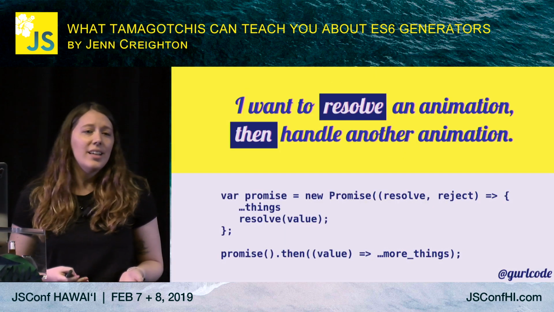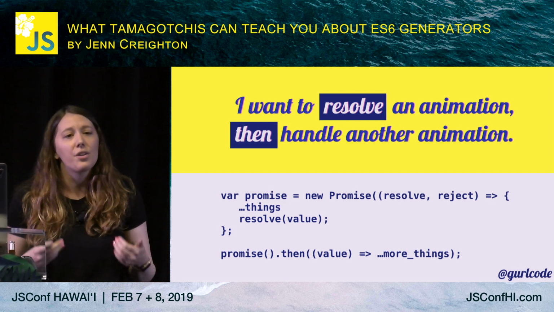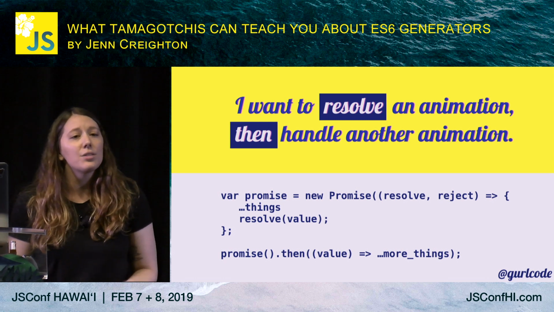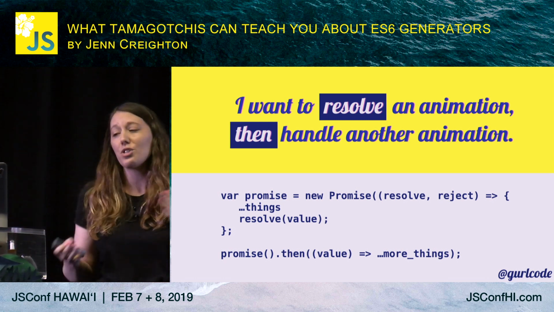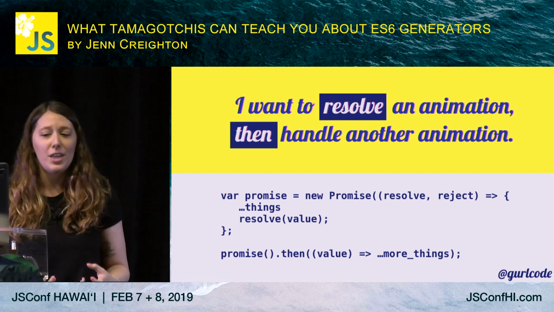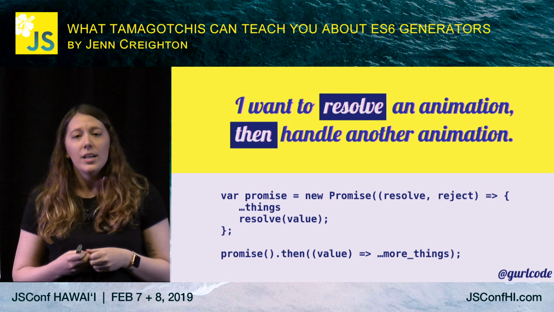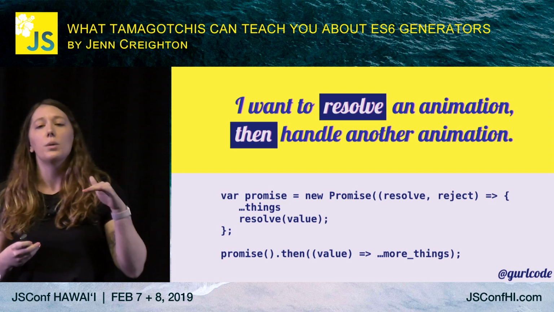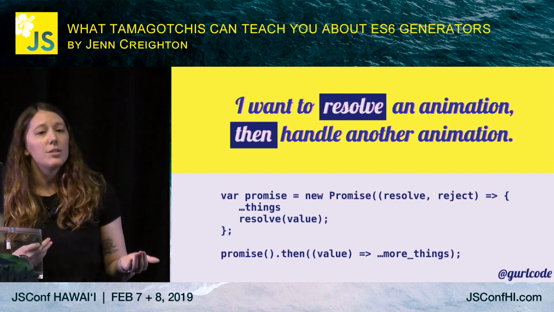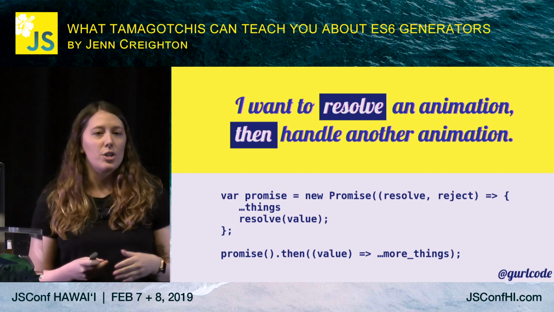What I want is to resolve an animation and then handle another animation. And this sounds a lot like a promise. Now, Crystal already talked about promises. But they represent an eventual value. So inside a promise, I can run the animation code, and then when it's done, I can resolve the promise. And since I can do a .then on the promise, I can use that to run an animation after it's complete.